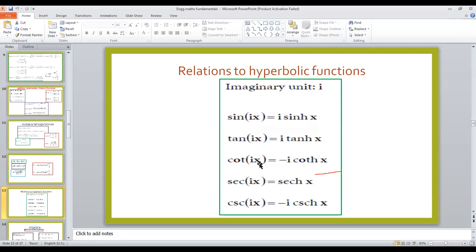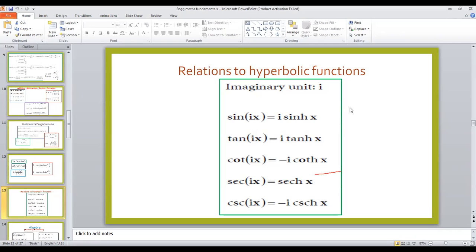And then cot ix means what? 1 by tan ix. That is 1 by i, which is what? Minus i. Do you get the meaning of 1 by i? 1 upon i, what does it mean? It is an imaginary number, a complex number. So how do you remove that imaginary number from the denominator? It can be removed by using rationalization. And what happens in rationalization?